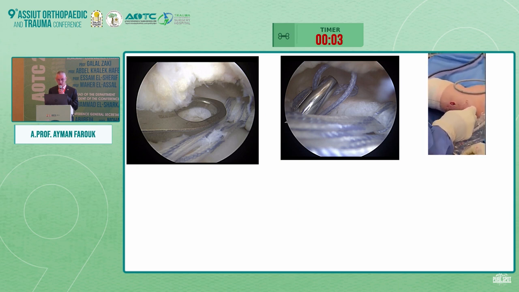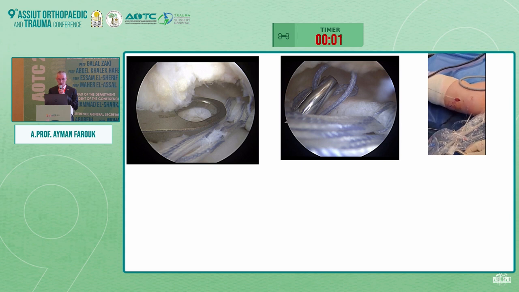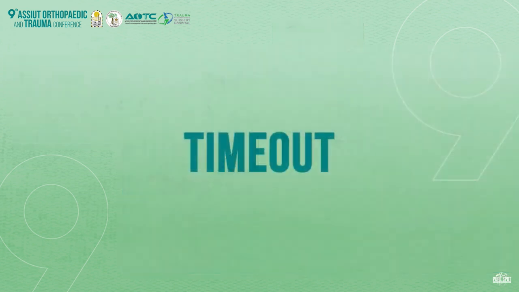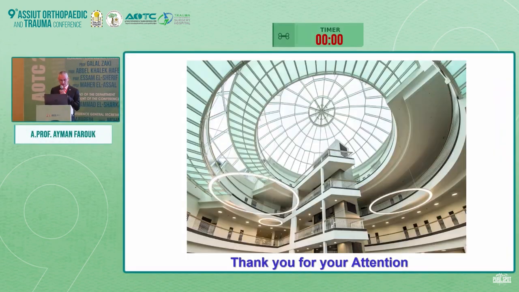I pulled these sutures inside the tunnel, and again I fixed it after completing the trimming of the meniscus. I fixed it with all-inside sutures, and now you can see the posterior horn is stable, and the meniscus is now saucerized as it has to be. Thank you very much.